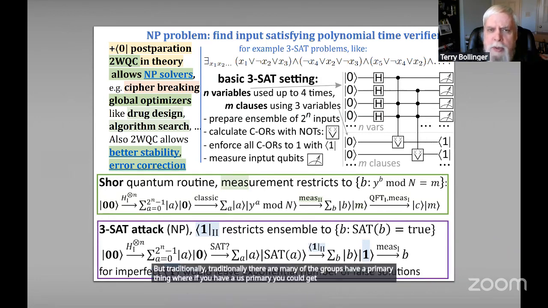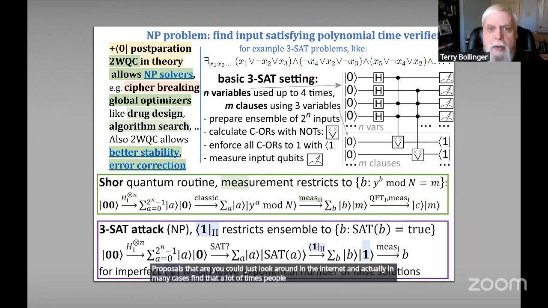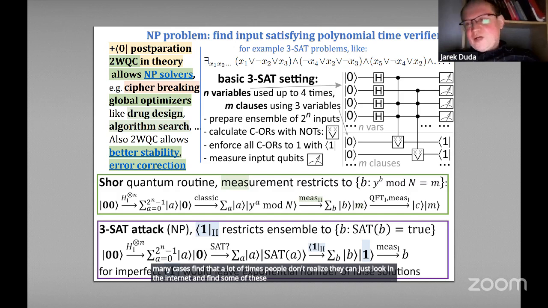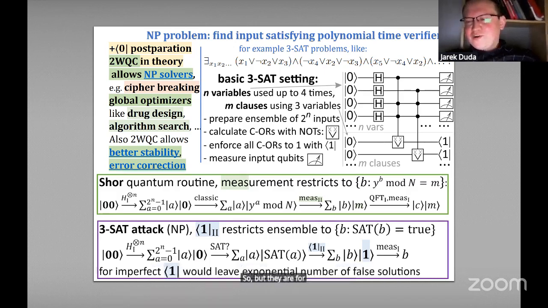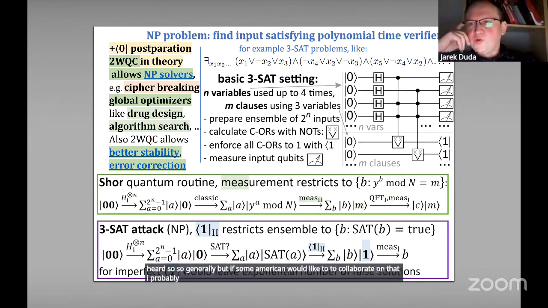But some of your stuff just really sounds like it could be of interest to some of those proposals. You could just look around on the internet and in many cases find that. A lot of times people don't realize they can just look on the internet and find some of these. But they are for Americans, and now they are all frozen, if I've properly heard. So generally, if some American would like to collaborate on that, I probably we could do it together. But personally, I cannot. I'm not American.